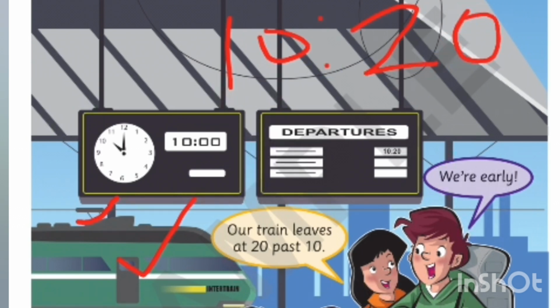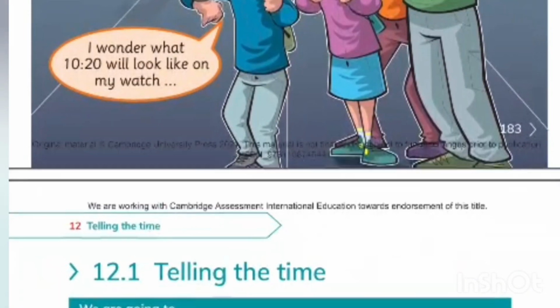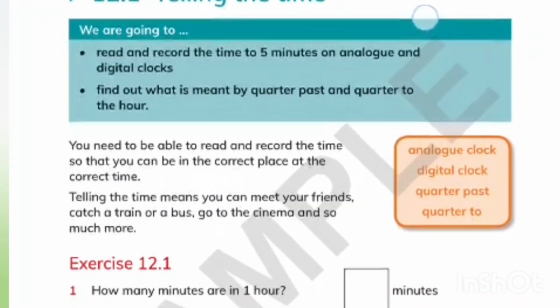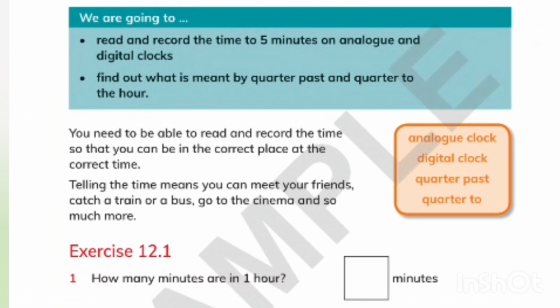So reading a digital clock is very easy for the kids, and analog is also easy, but we have to practice it, because this is very important in our daily lives.